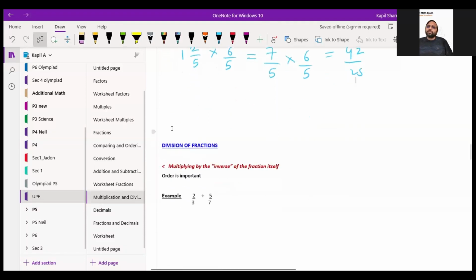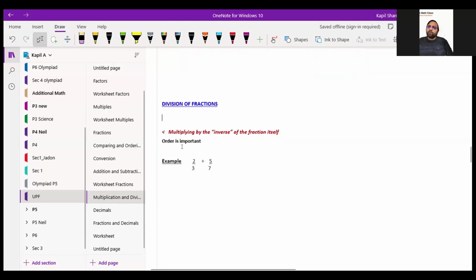Now let's come to division. So in division, what we do, we invert the second fraction. For example, let's say you have 2 upon 3 divided by 5 upon 7. Here you need to take the reciprocal. Fine, Swastik? So we'll invert the second fraction.